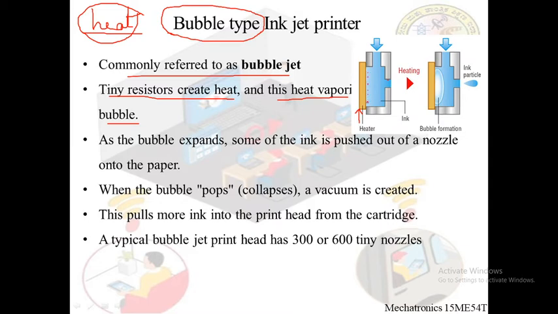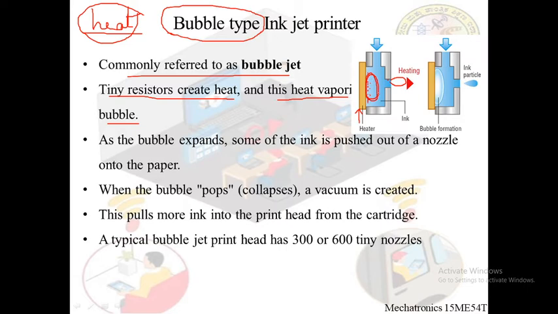This heat starts heating the ink locally around the heater. Therefore, vaporization starts. Because of this vaporization, a bubble gets formed within the nozzle. Because of the formation of this air bubble, some liquid gets pushed out in the form of a fine droplet.